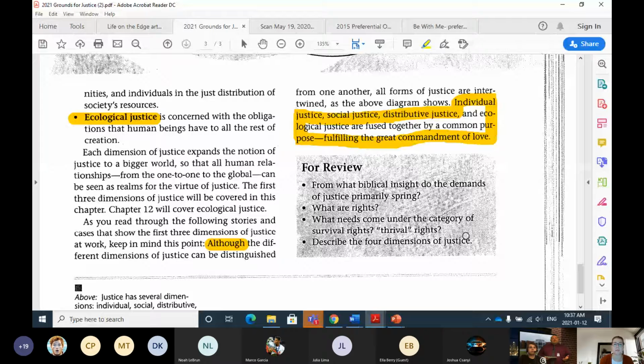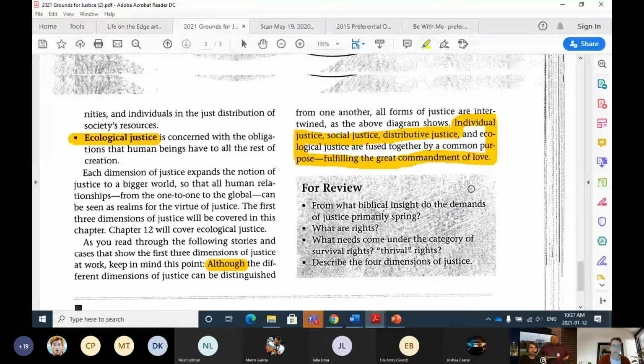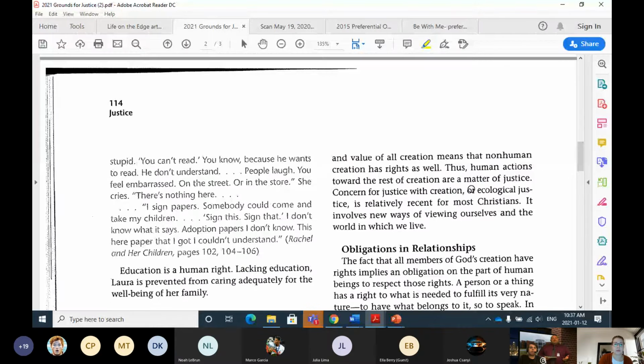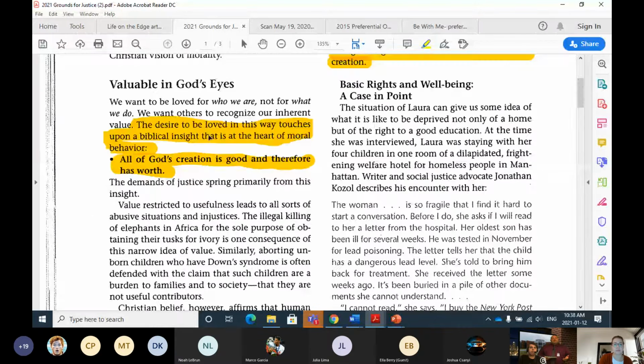We already highlighted up top the definition of rights. And from the very beginning, we talked about what the biblical insight demands of justice and where that comes from. So we've got everything that we need highlighted, right? This is the biblical insight, that all God's creation is good and therefore has worth.